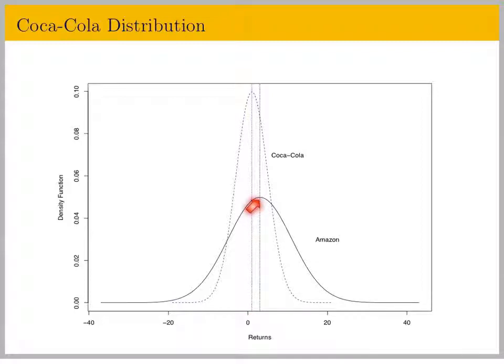The black line passes right through the mean of Amazon, which is normal, and the blue line passes right through the mean of Coca-Cola, which is also normal. So these two normal distributions, the blue and the black, have their centers in different places, which is a locational shift.